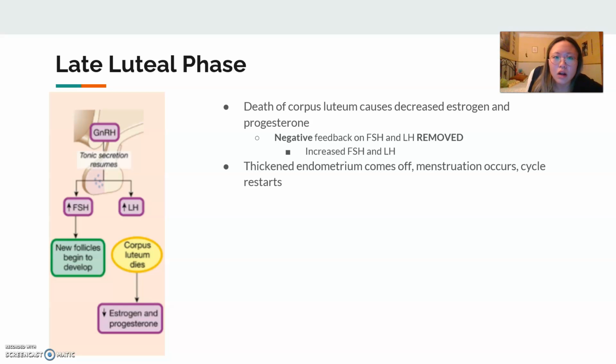So it's no longer decreasing the production of FSH and LH through negative feedback. So FSH and LH end up increasing, and so the cycle will restart at the follicular phase. At this point in time, in terms of what the uterus is doing, the thickened endometrium comes off and menstruation occurs as well. So after that, the cycle restarts.